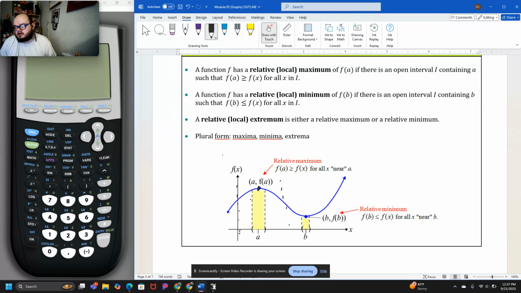So over that little time chunk there that we got in yellow, that's the maximum for that. The same for the minimum. Over this little yellow interval B, that's the minimum for that point in time. Okay. You can either have a maximum or a minimum. Okay. And we'd call that a maxima, a minima, or an extrema if we want to have some plurals on that. Okay.